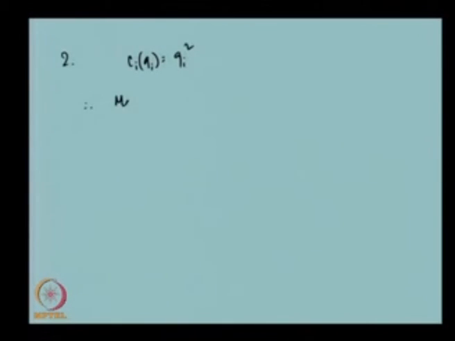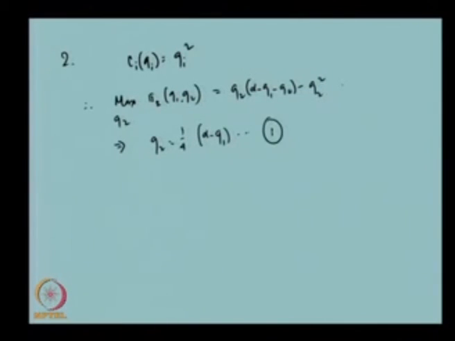Here also, first we go through backward induction, first maximize pi 2, which is given by this, with respect to q2. So this will give us q2 equal to one-fourth of (alpha minus q1), let us call it 1. And so, now we are going back to the beginning of the game and maximizing pi 1.